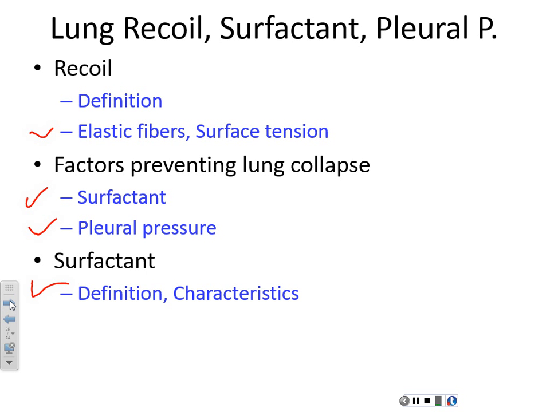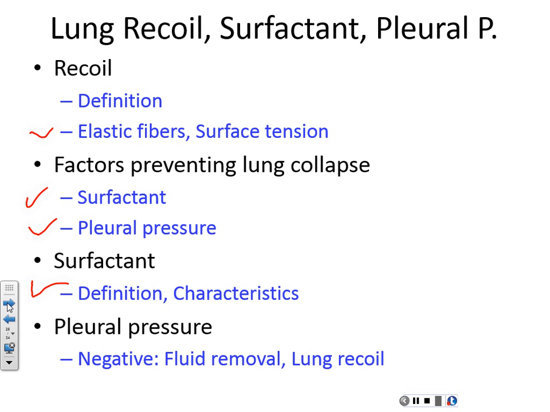When you remove the fluid, you create more negative pressure so that you inflate the lungs more, you create that suction. And when you put more pleural fluid in, it creates a kind of positive pressure, and so forth, all right?